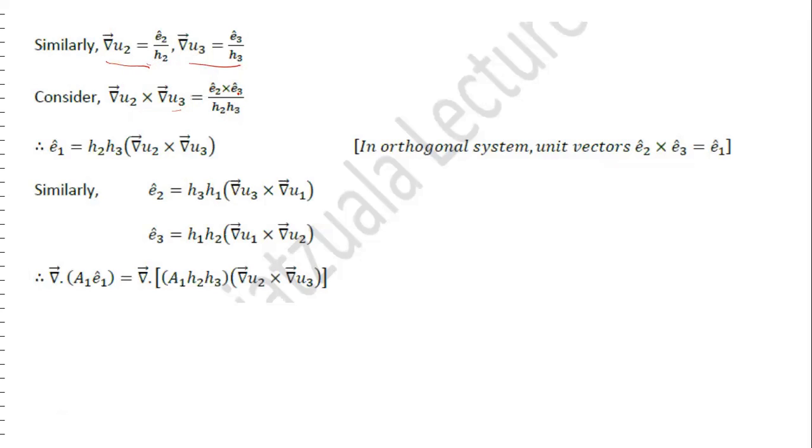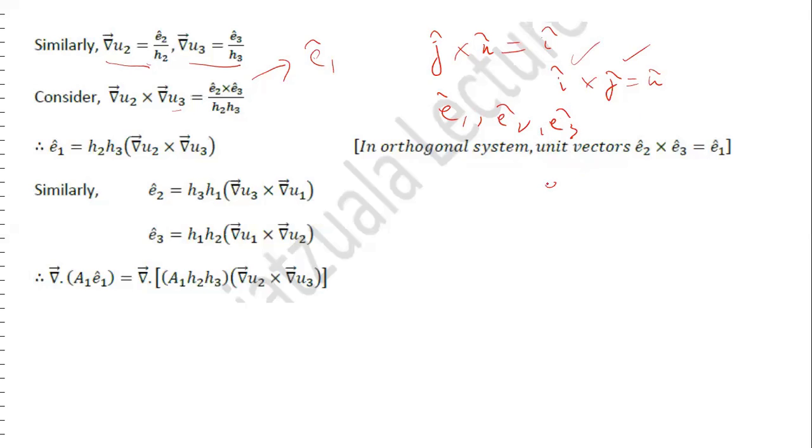So e2 cross e3 will be e1, similar to j cross k is i cap, or i cross j is k cap. The cross product between two unit vectors results in the third unit vector, which is perpendicular to the two unit vectors. So in place of i, j, k, consider e1, e2, e3 now, right?